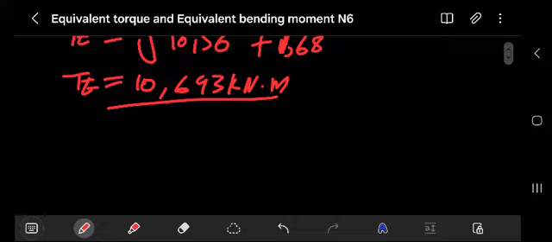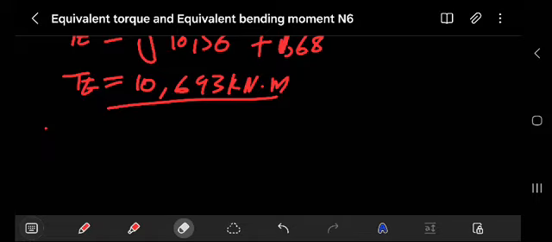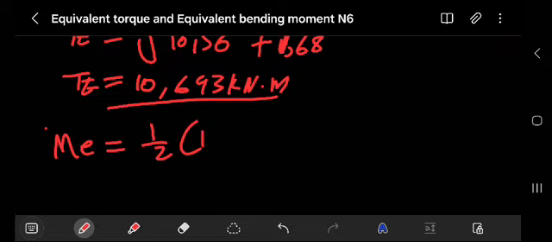So now we have this. All right, but the principal stress we get it from that, guys. Principal stress for equivalent bending moment. We get principal stress here on the equivalent bending moment. So considering equivalent bending moment, we know this is 1/2 of ME, like this.